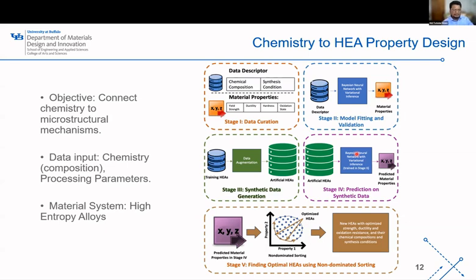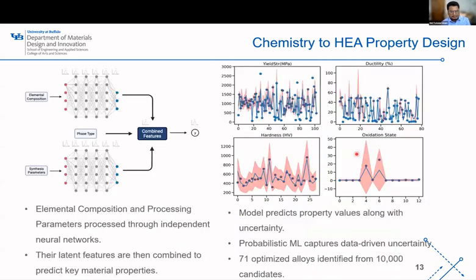So we designed two separate neural networks for this. One network processes the chemical composition, and the other processes the synthesis and processing conditions. Then we combine them together and predict the final property. This slide shows how we model the work.